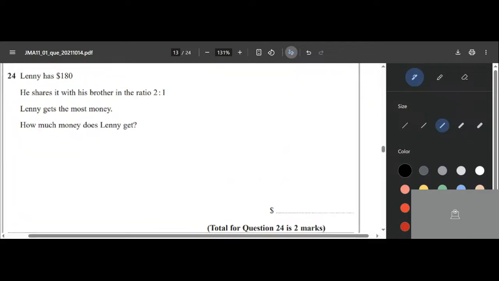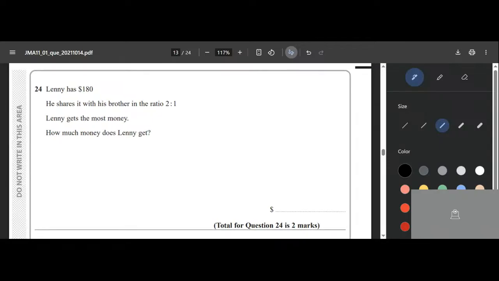formation. Then we have question 24 here, a question on ratios. On ratios, you are told that Lenny has $180.